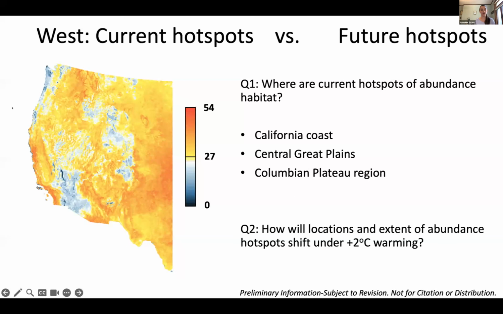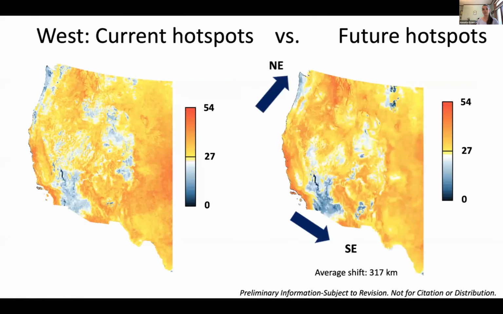Again, we could ask the same question: how are these hotspot areas likely to change with 2 degrees Celsius of climate warming? And we see that much like the East Coast, most species are shifting on average towards the northeast. But what's really interesting is we do see quite a large number of taxa shifting their range southeast.